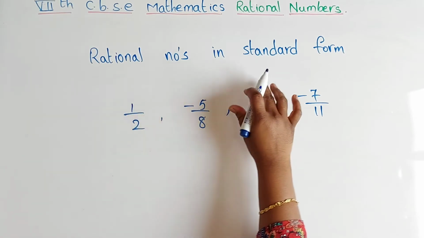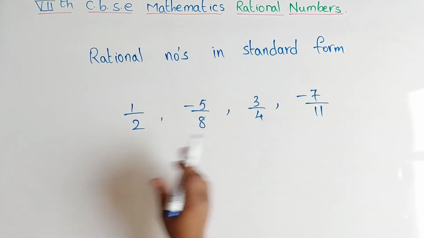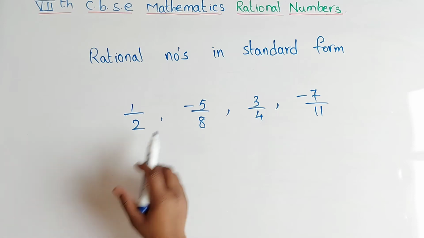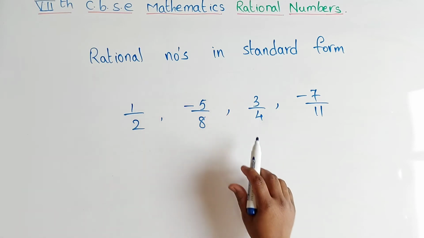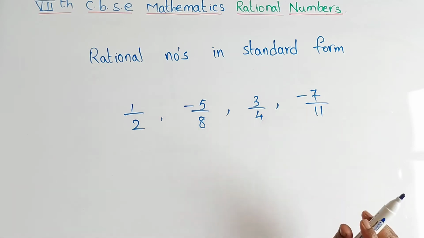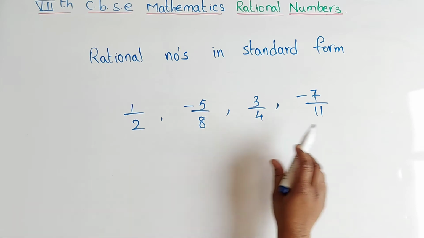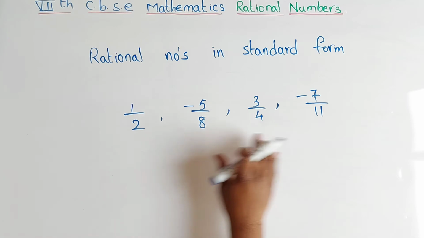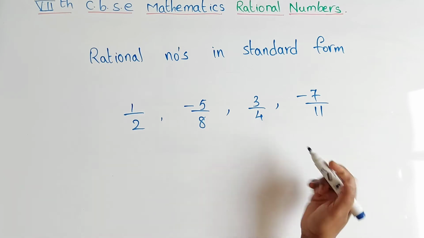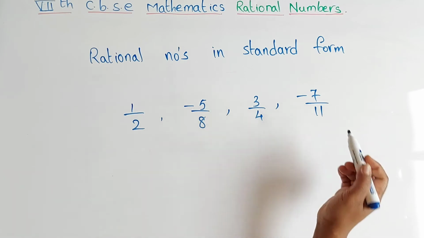Rational numbers in standard form, children. Observe these rational numbers: 1 by 2, minus 5 by 8, 3 by 4, minus 7 by 11. Now here see all the denominators have a positive sign. There is no negative sign in the denominator. We only have negative signs in the numerators. Right children?